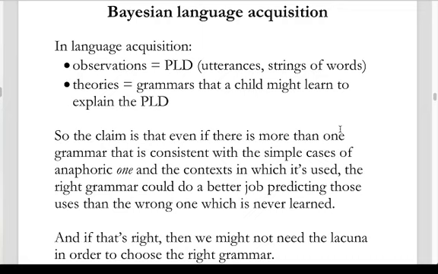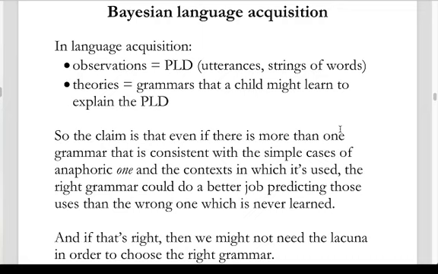What Regier and Gahl are going to say is, well, even if you don't get those lacuna sentences, it might be the case that the more complex grammar, where one can be anaphoric to any n-bar intermediate level syntactic constituent, might still do a better job of predicting the simple cases that we do see than other grammars do.